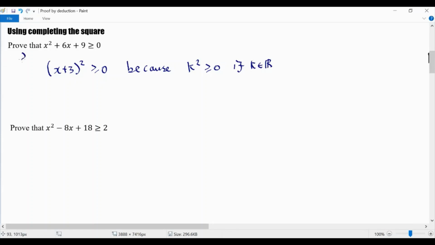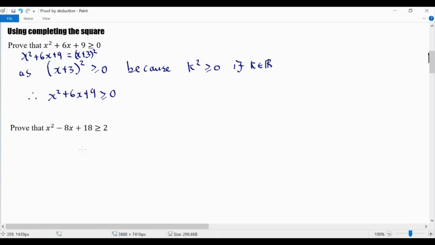You have to point out that x squared plus 6x plus 9 is equal to x plus 3 all squared, and as x plus 3 all squared is greater or equal to 0, therefore x squared plus 6x plus 9 is greater or equal to 0. For all real values. By the way, I should point out that this is only true for x being any real number.